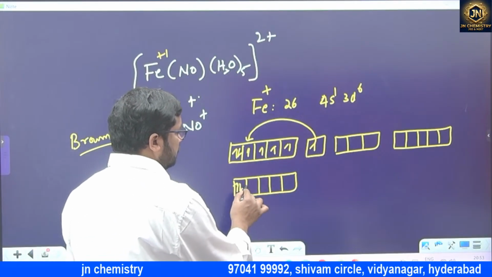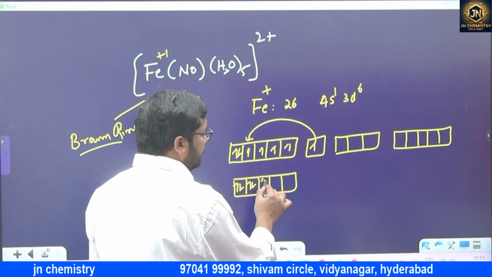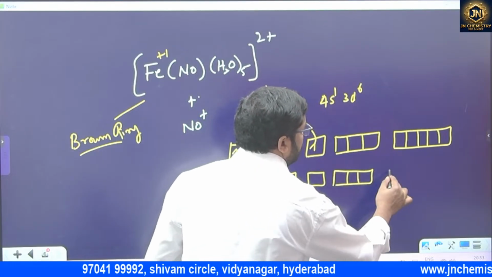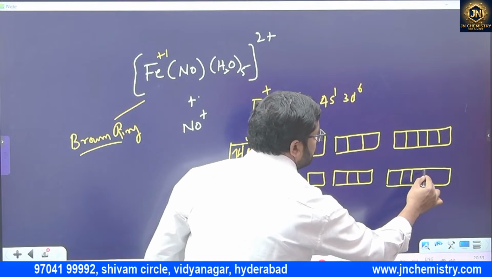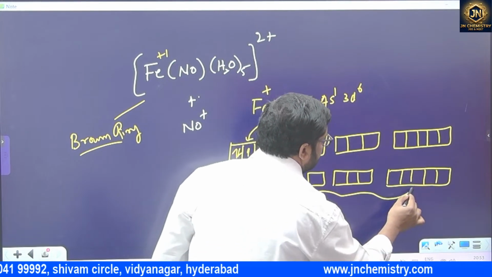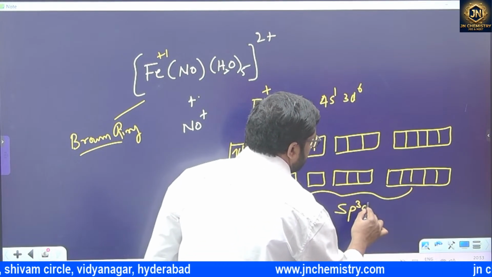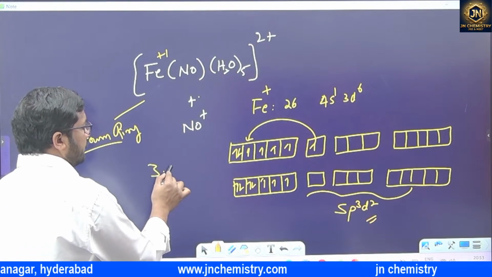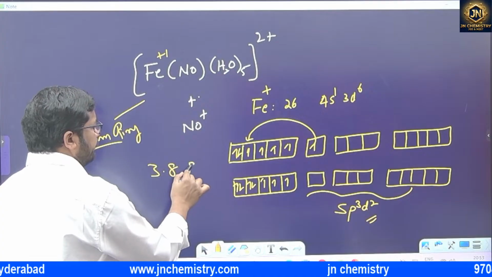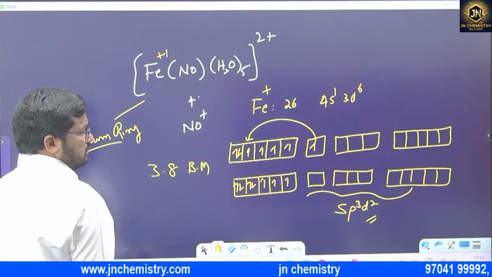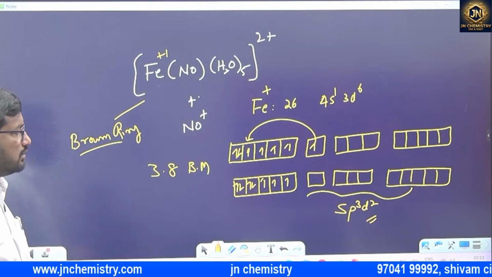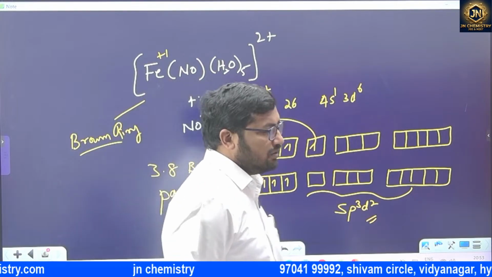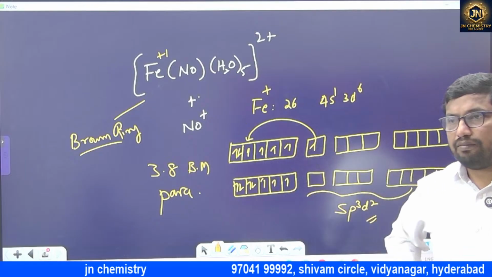So these 3 unpaired electrons are like that only. sp3d2, Nana. 3 unpaired electrons, 3 point something BM, and outer orbital complex, paramagnetic. This complex NO is a brown ring complex.